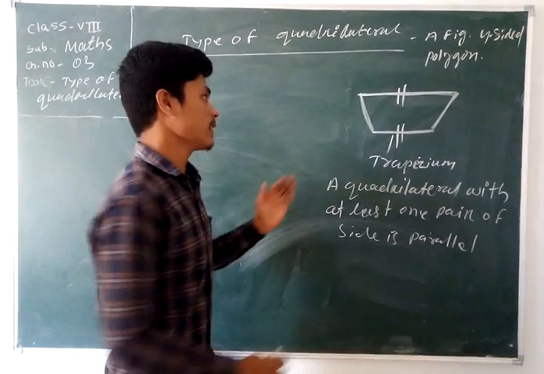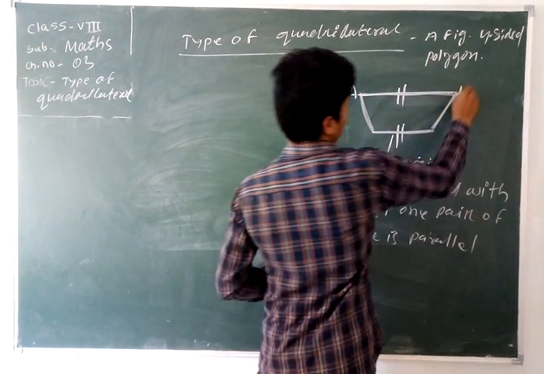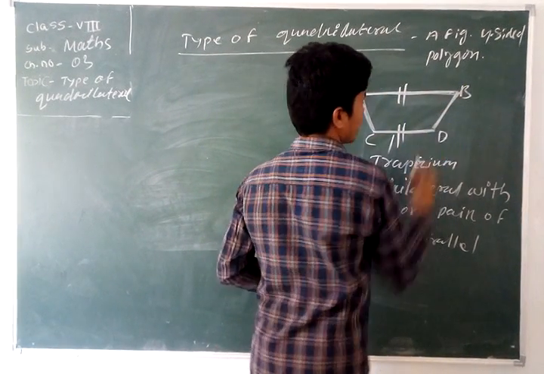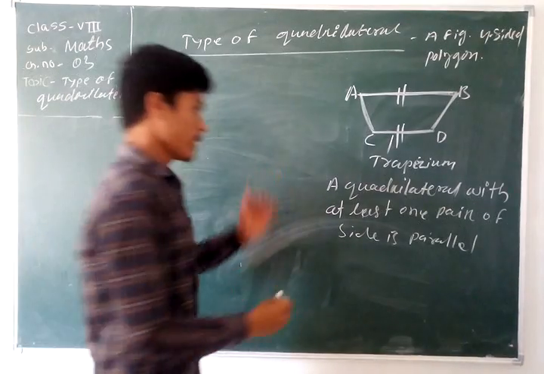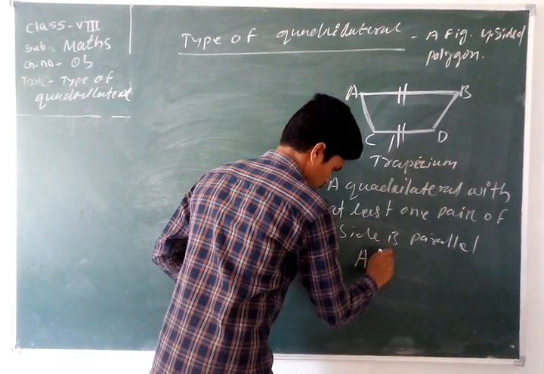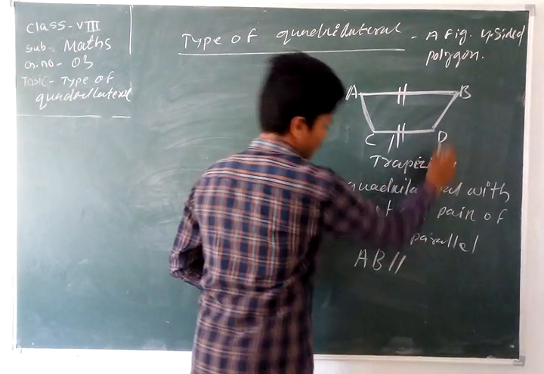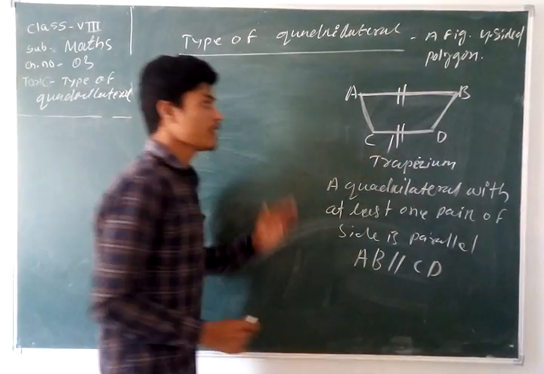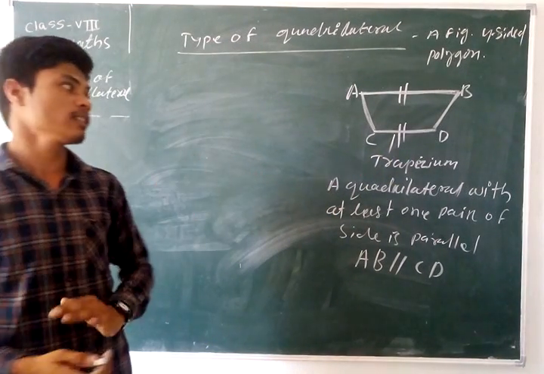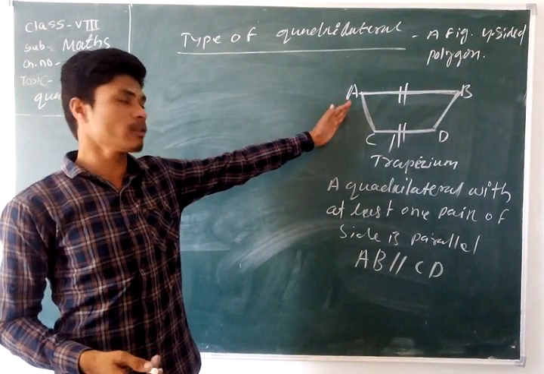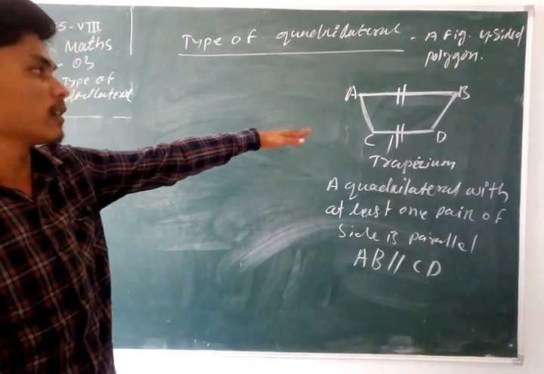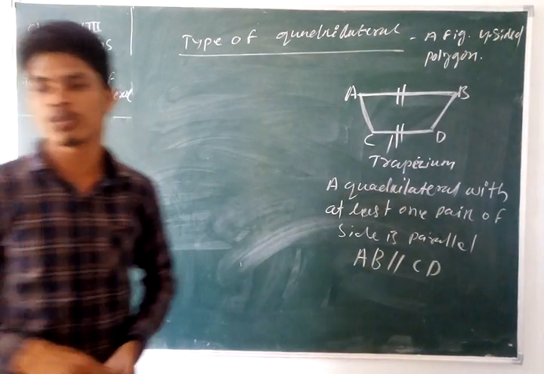One pair of sides is parallel, that means we give the names A, B, C, D. Then which pair looks parallel? AB parallel CD. If any quadrilateral has one pair of sides parallel, then that figure is called what? Trapezium.